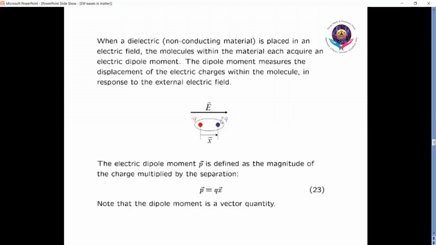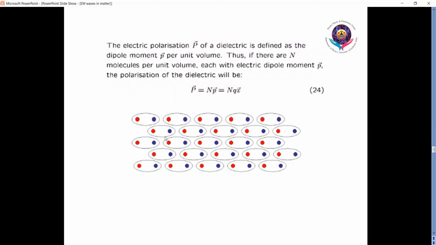But in practice, there are numerous molecules. And the negative charges of all the molecules will come to one side depending on the polarity of the electric field. All the positive will come on one side, all the negative will go on the other side. So this results in a polarization.